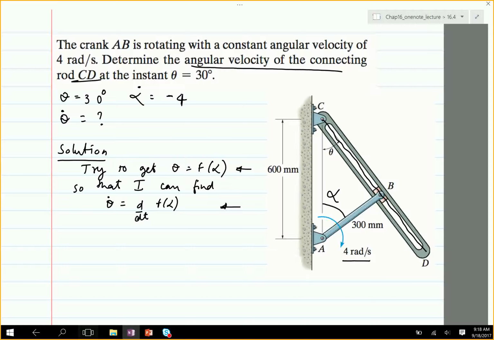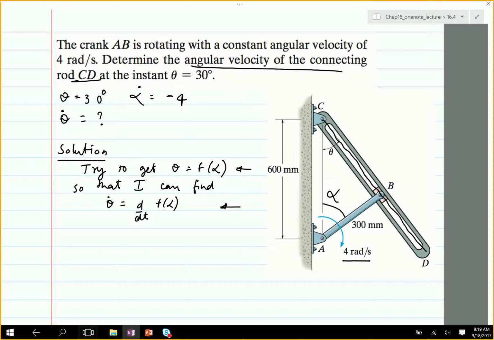So can you think of some way in which I can relate theta with alpha? When you see triangles which are not right angles, you would think of law of sines, law of cosines. If you use law of... yeah, question? Oh, sorry, my bad.